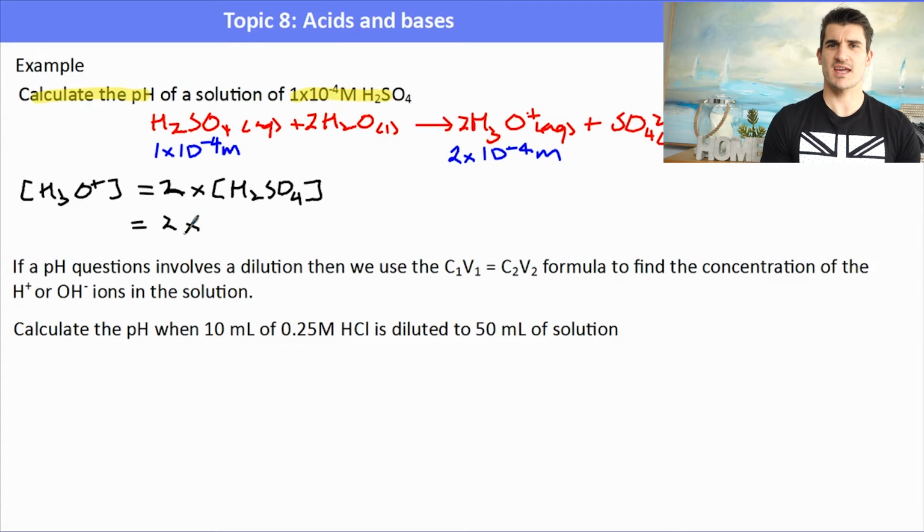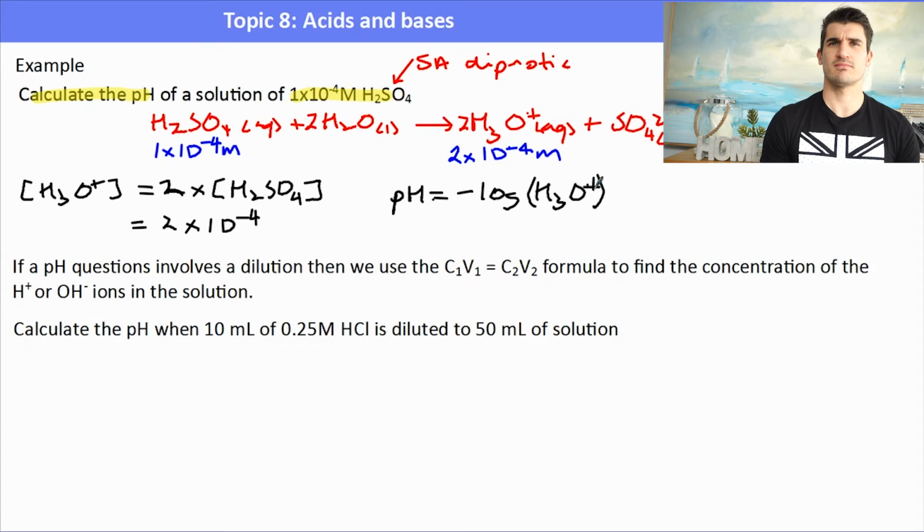Now to work out the pH is the negative log of the hydronium ions. So we'll simply take the pH to be equal to negative log of 2 times 10 to the minus 4. And that gives us a pH value of 3.70. And again, that is an acidic solution. To 1 sig fig, this would be an answer of 4.